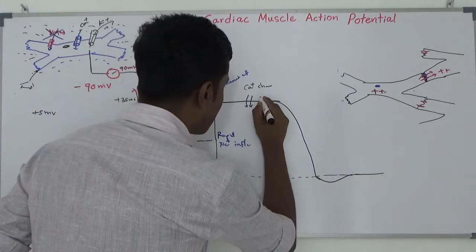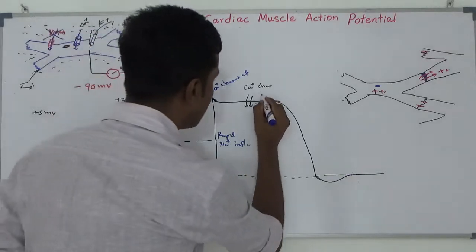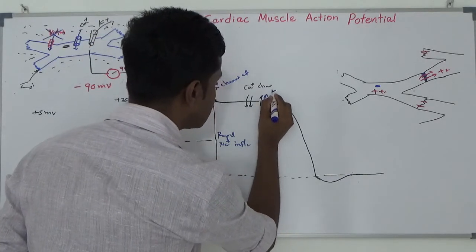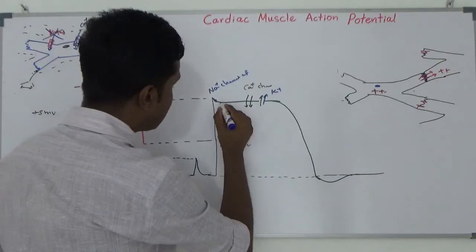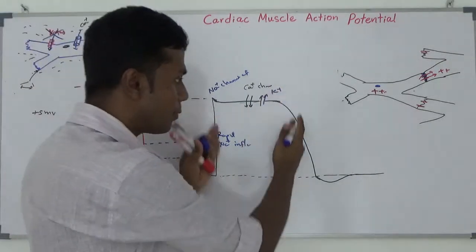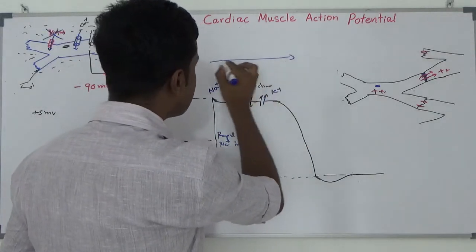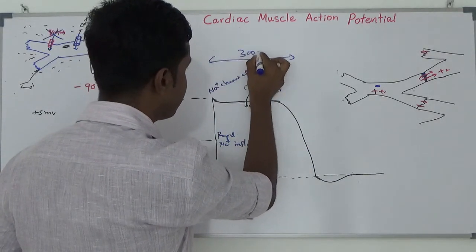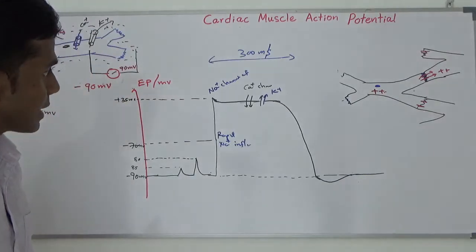At the same time your potassium channel opens, and potassium goes out. Potassium goes out, calcium goes in. Because of that, the electrical potential somewhere around 35 will be maintained for a few hundred milliseconds. Actually speaking, it is approximately 300 milliseconds.